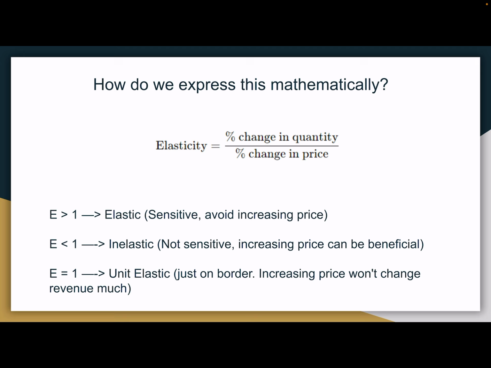If the E value is less than 1, it is inelastic, which means increasing the price might be beneficial for the business. If E is equal to 1, it is unit elastic, which means increasing or decreasing the price won't really influence the revenue.